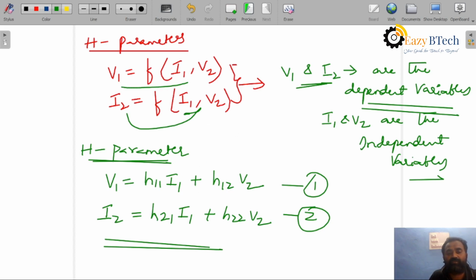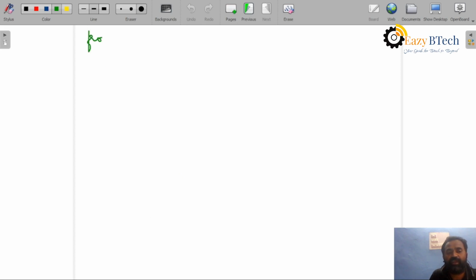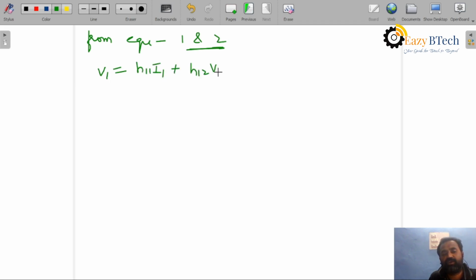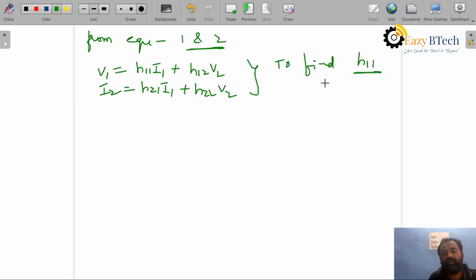Now from equation 1 and 2, you can write V1 is equal to H11 I1 plus H12 V2. Now you can say I2 is equal to H21 I1 plus H22 V2. Now to find H11, V2 is 0, output is short circuit.